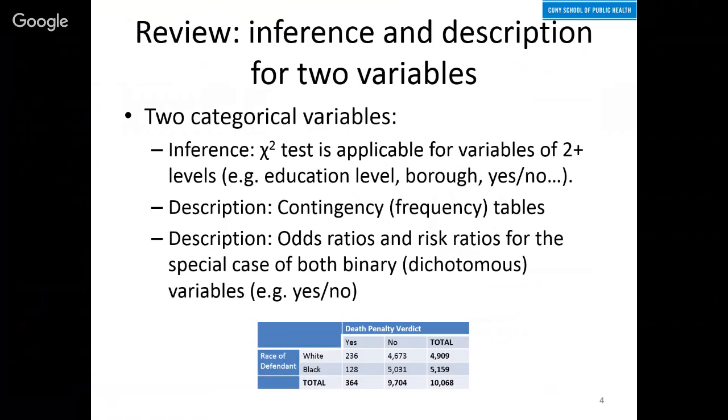So the chi-squared could be calculated for any contingency table, but risk ratios and odds ratios could only be calculated for 2x2 tables. And when you calculate odds ratios and risk ratios, you do think of a dependent and an independent variable. The independent variable, or the predictor, would be the one going into the ratio that you're calculating, and that would be the effect of the predictor variable on your response variable.